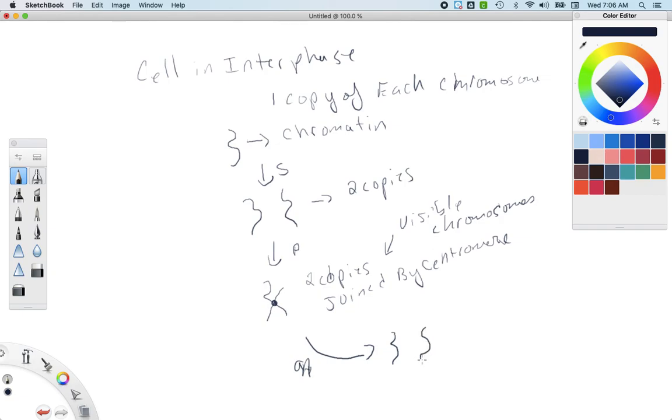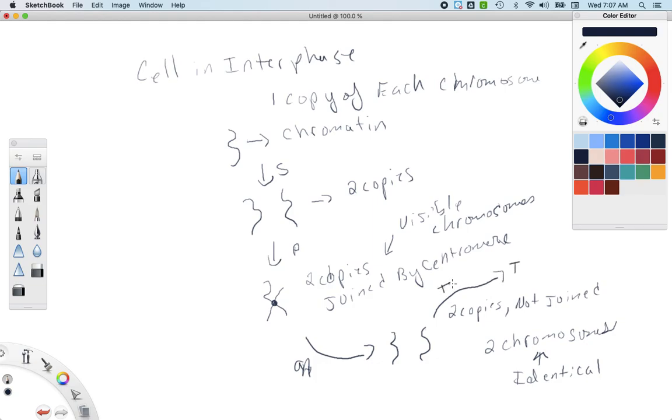And now we have still two copies, but they are not joined together. Each one of those is now called a chromosome, so two chromosomes, and those chromosomes are identical to each other. Those chromosomes will go back once we finish telophase.